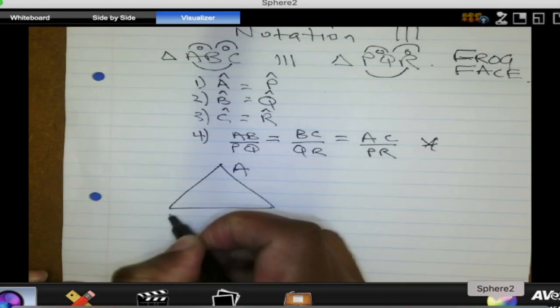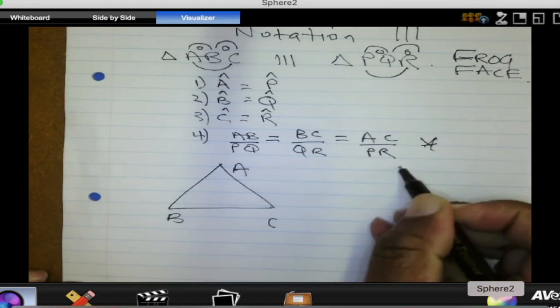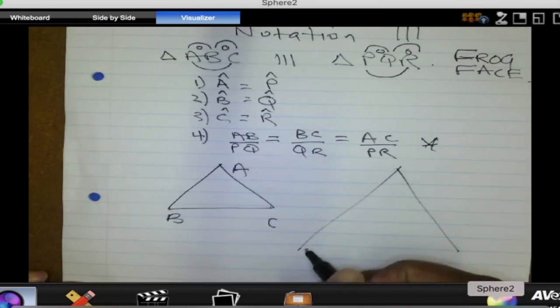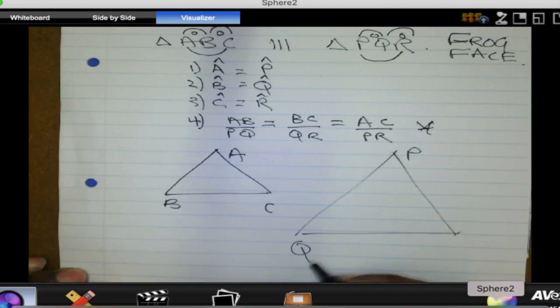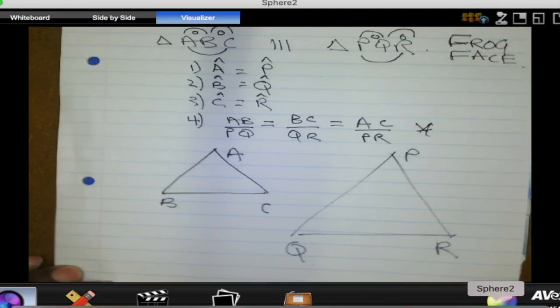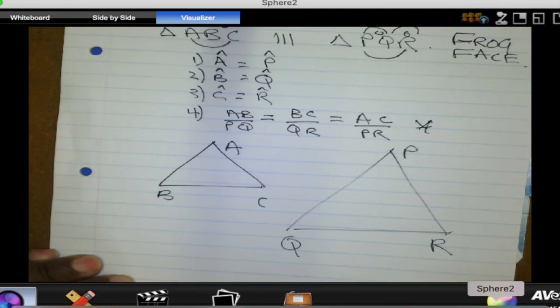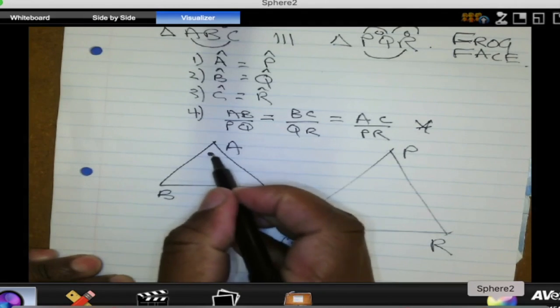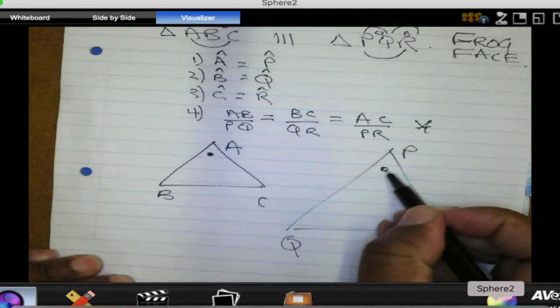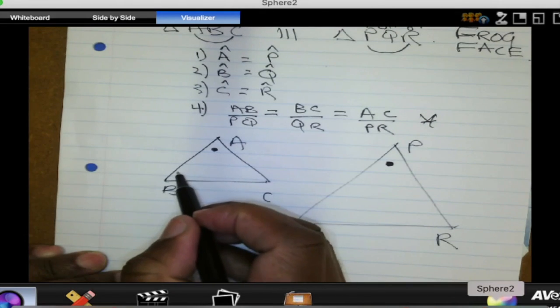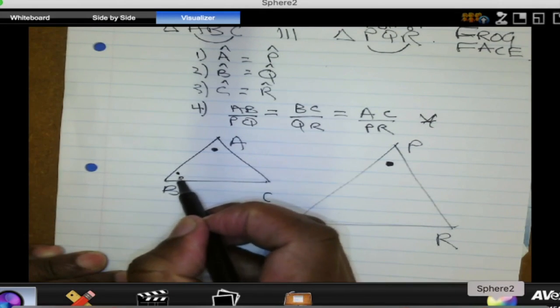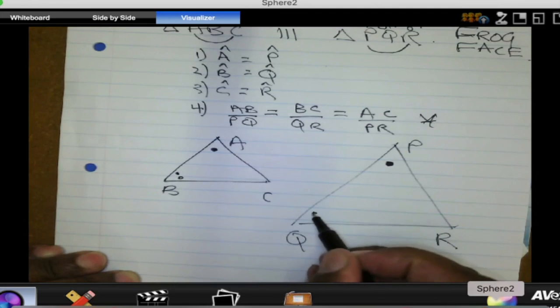So if this is ABC here, then that could be PQR there. So we are saying angle A is equal to angle P. And we are saying angle B is equal to angle Q.